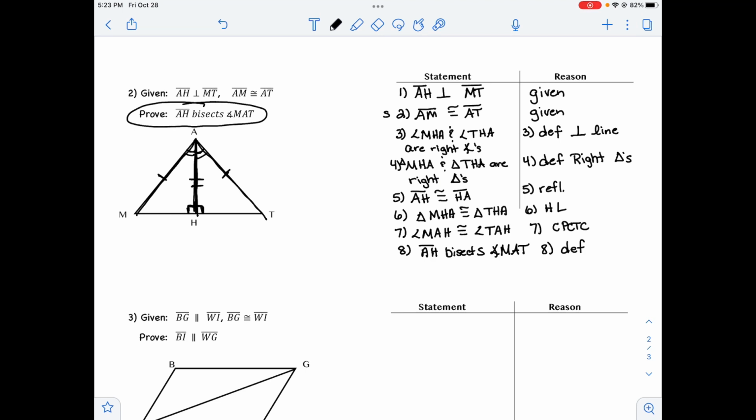And we knew it was cut in half because these angles up here are identical, which we knew from corresponding parts. So this is the definition of an angle bisector.